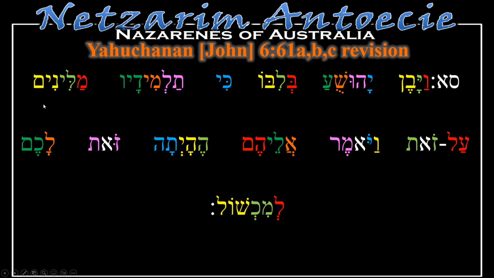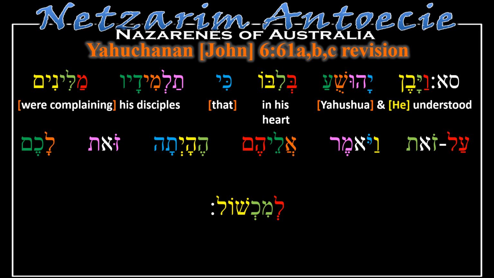Malinim, were complaining. And he understood Yeshua in his heart that his disciples were complaining. Al, regarding or about, zot, this, vayomer, and he said, alehem, unto them, ha-haita.